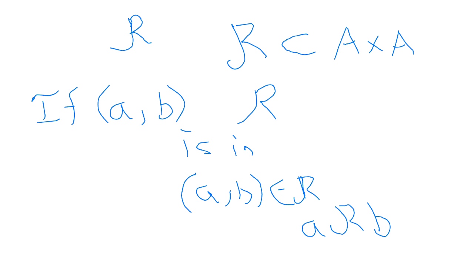All right. So let me give an example of what a relation would look like. So here's an example now. I'm going to clear the board. Let's say we have the set B, and this set contains, let's say, 1, 2, 3, and 4.